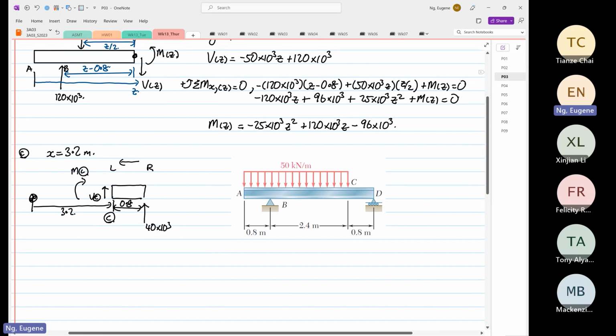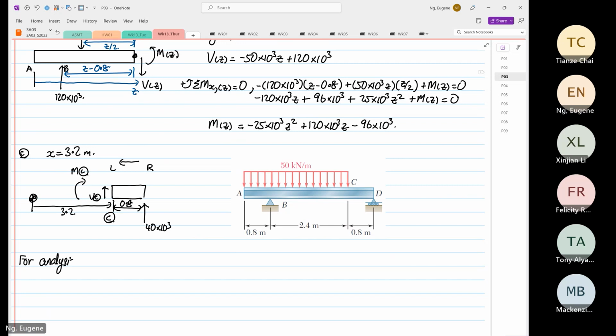Okay, so for analysis from right to left, positive shear and positive bending moment.